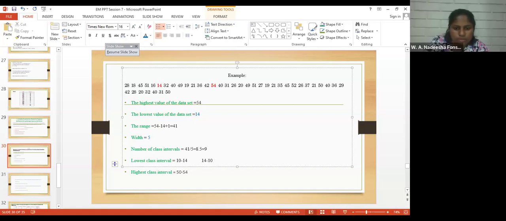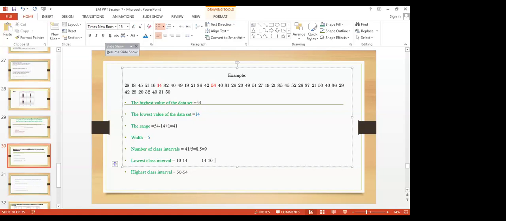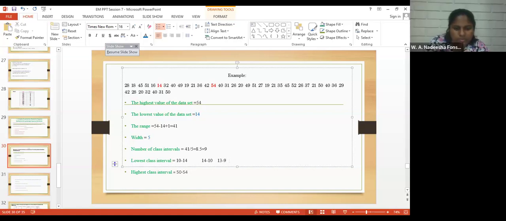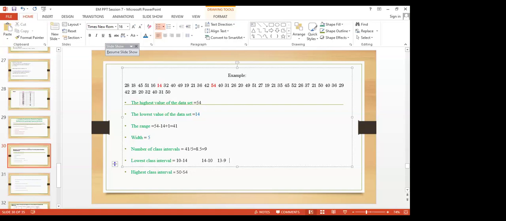Then 13 to 9. Then 12 to 8, very good. Then 11 to 7. 10 to 6.